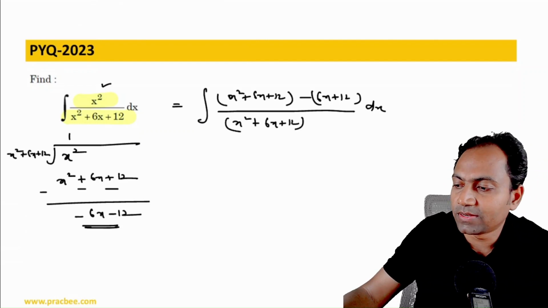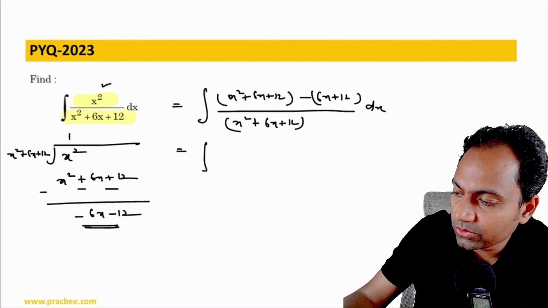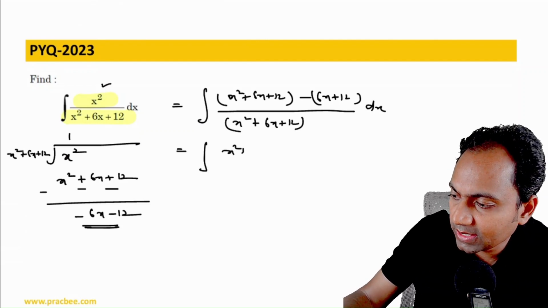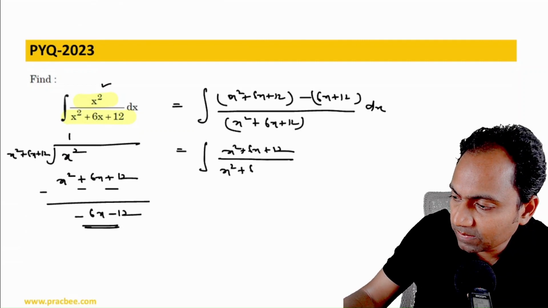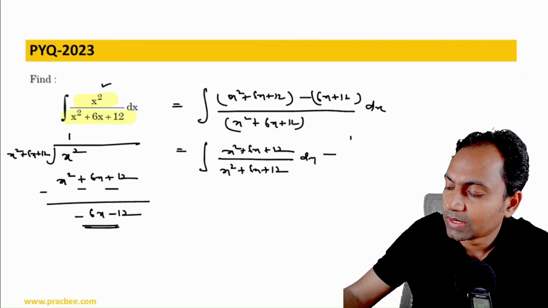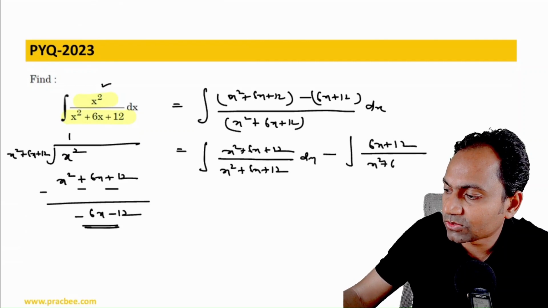Once you have it, we can split it into two different integrals. The first one is (x square plus 6x plus 12) by (x square plus 6x plus 12) dx, and then minus the integration of (6x plus 12) divided by (x square plus 6x plus 12) dx.